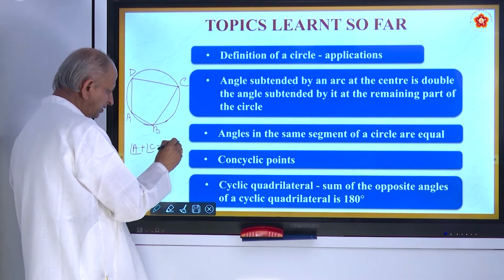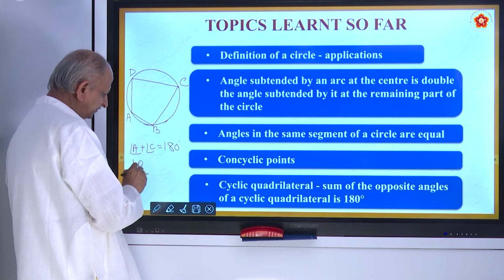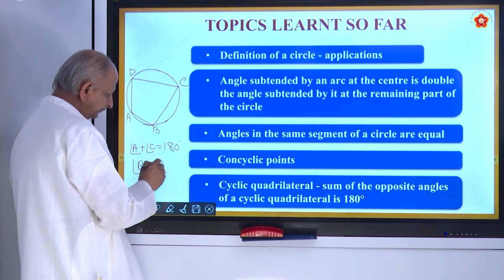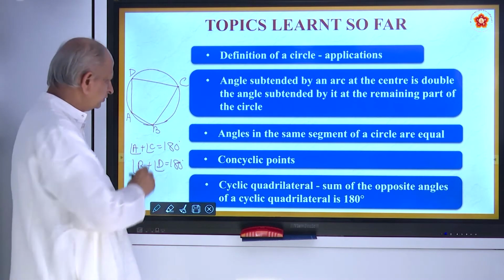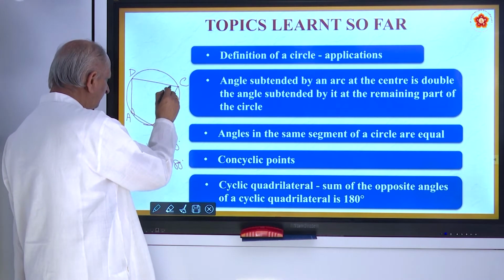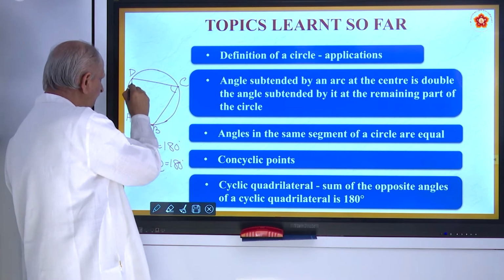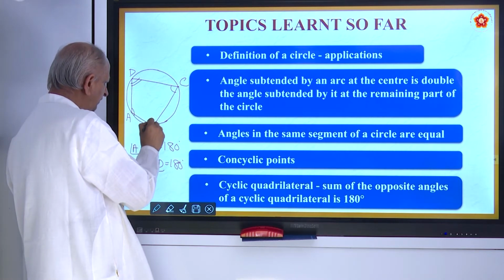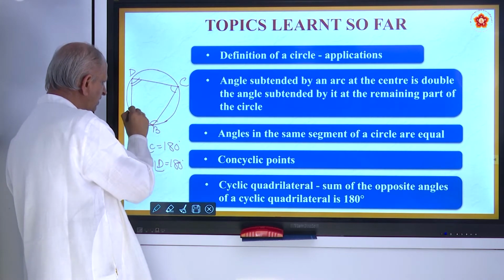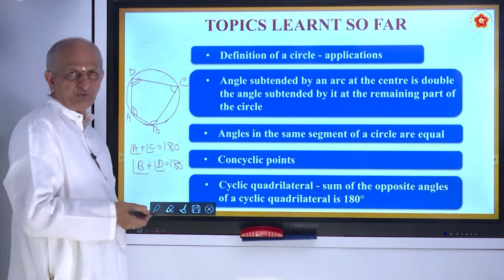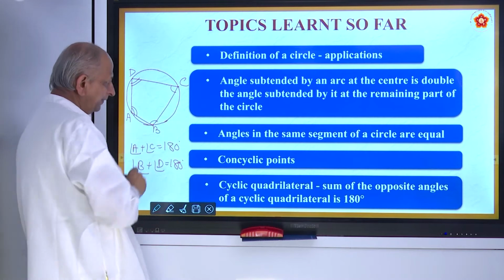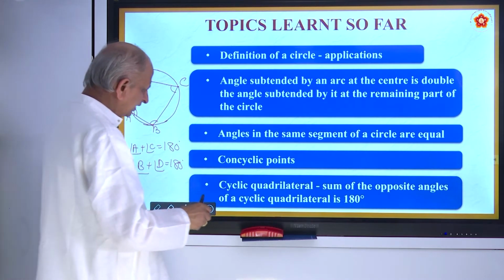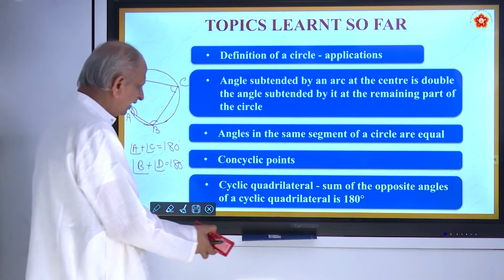Similarly, angle B plus D is also 180 degrees. So the sum of these two is 180 and the sum of these is 180. That is the theorem, and these are called concyclic points, and this quadrilateral is called a cyclic quadrilateral.